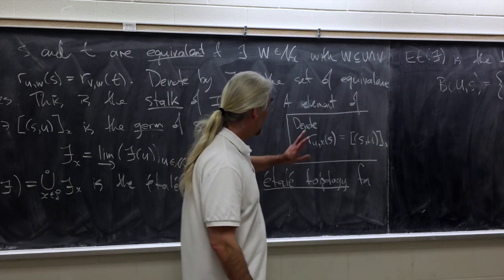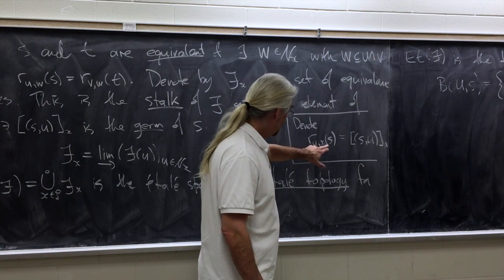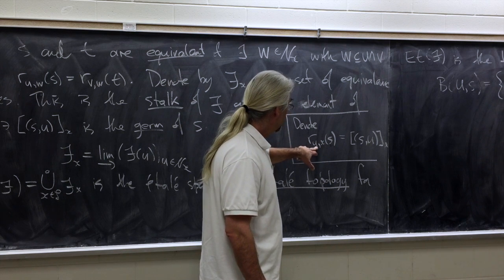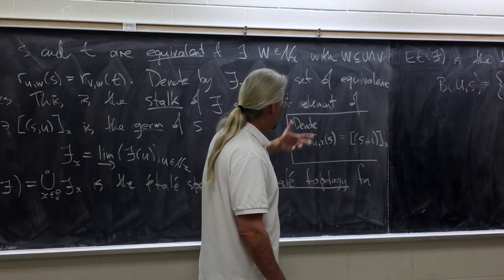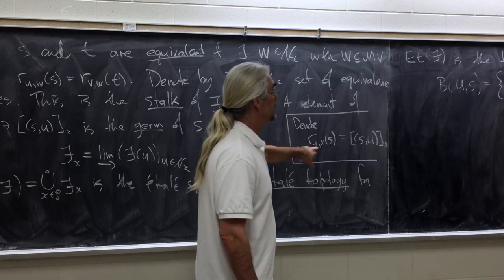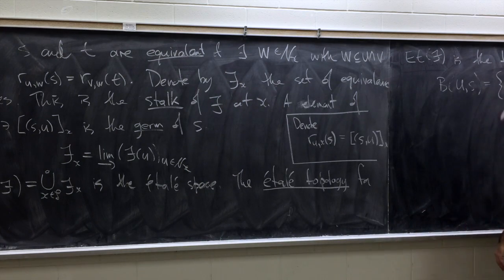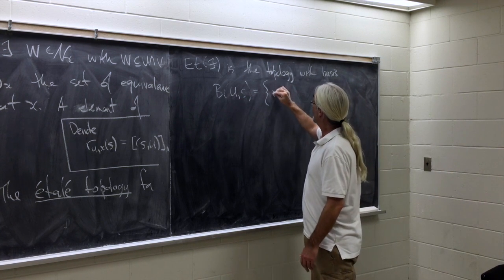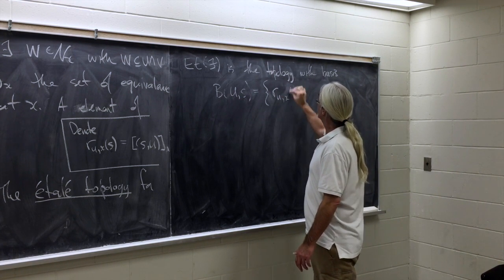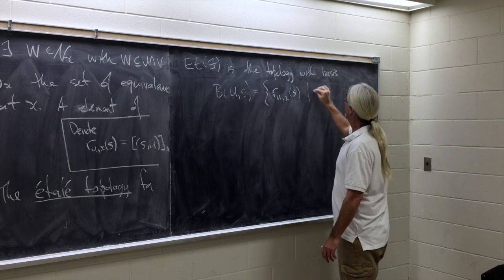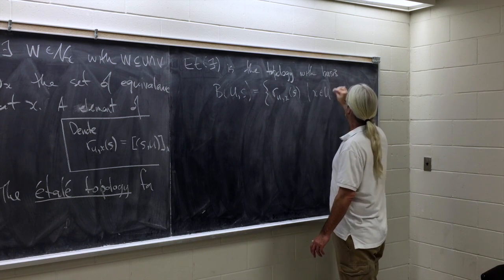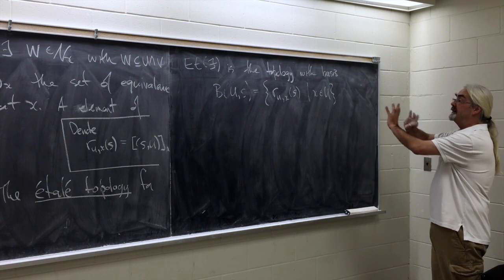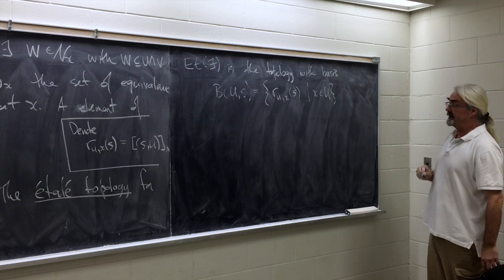So if you have an open set U, which is a neighborhood of X, and a section S defined over U, this is like the restriction map to the stalk. That's what r_U is. So what you do, you take all of the germs of S at points in U. So you take r_UX(S), where X runs over U. So for a given U and a given S, that defines a subset of the etale space.